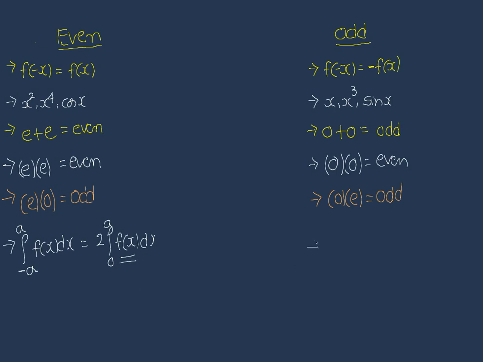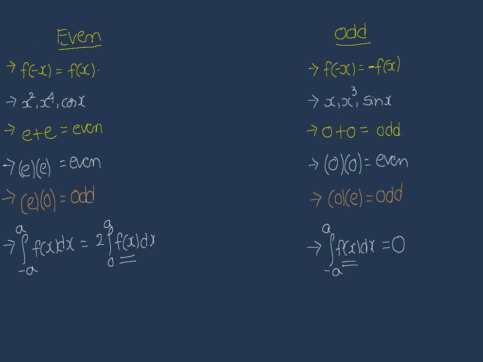Similarly, integral minus a to a f of x dx, if this f of x is an odd function, the value is 0. So this is about the introduction to the even functions and odd functions.